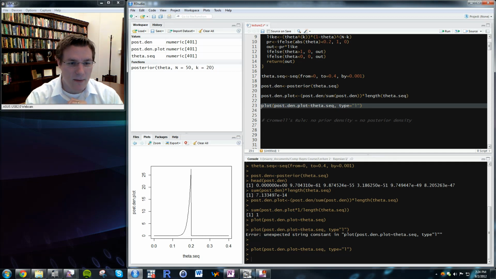It's telling me the following. There's a really good chance that theta is 0.2. There's a much lower probability that it's less than 0.2, almost no chance that it's less than, say, 0.15.